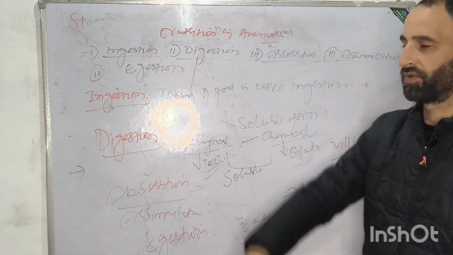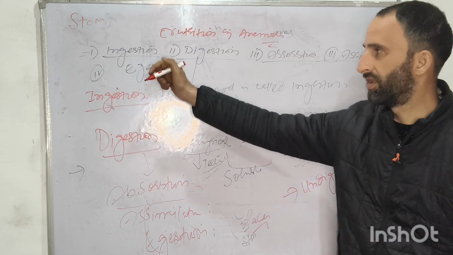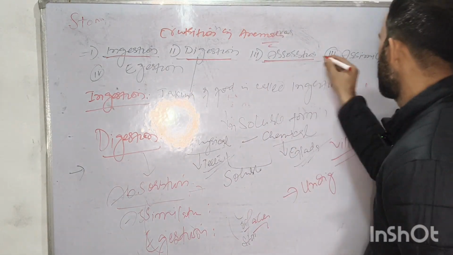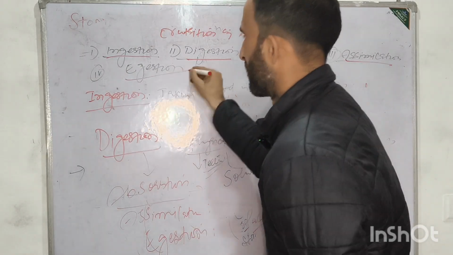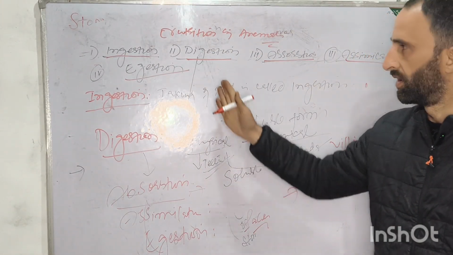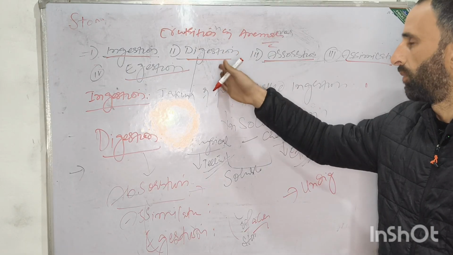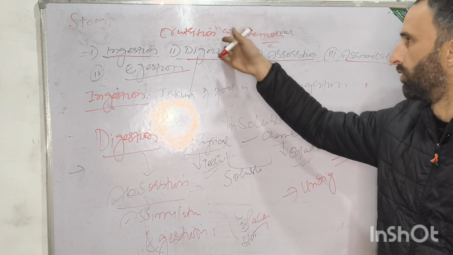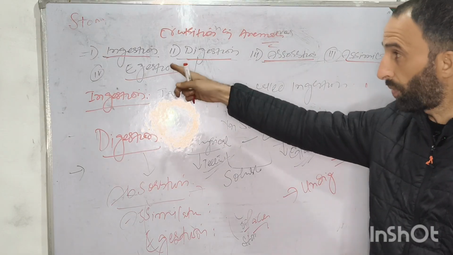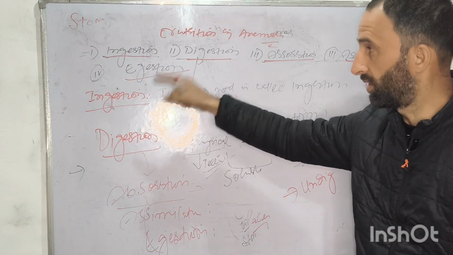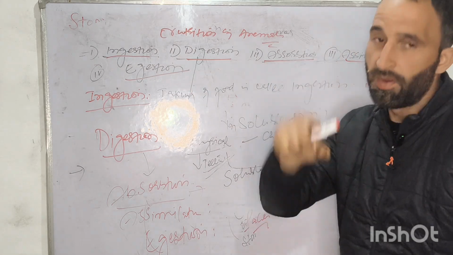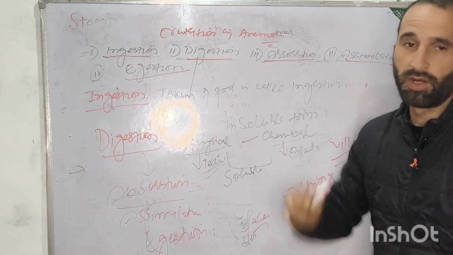These are the 5 steps of digestion: the first is ingestion, remember it, and then digestion, absorption, assimilation, and egestion. This is nutrition in animals. Remember it. Okay, this is all about this.